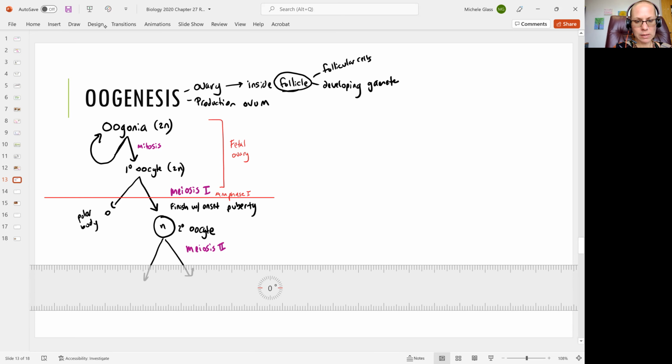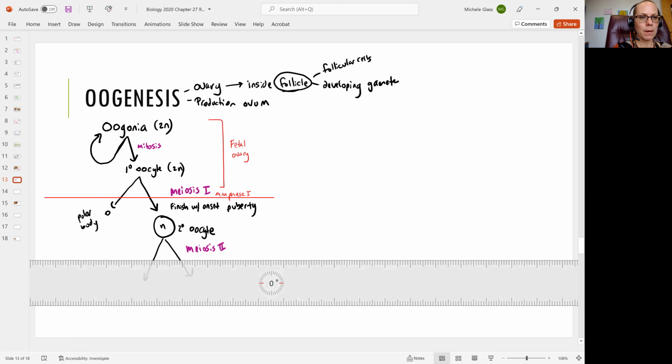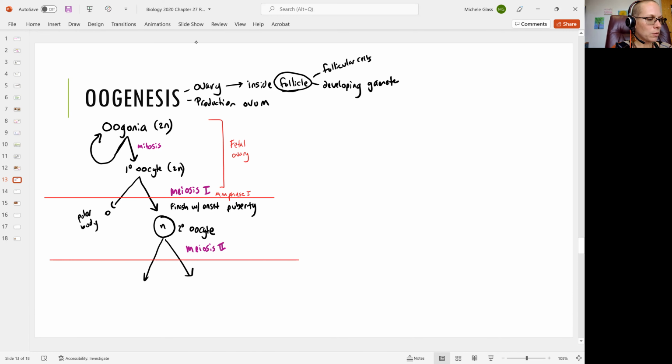But again, we can take our red marker and we can draw a line, because meiosis 2 is going to stop at metaphase 2. Okay. It's going to stop at metaphase 2, and it's only completed at fertilization.